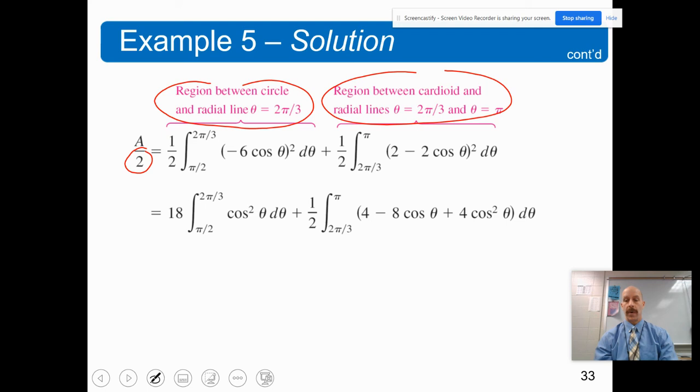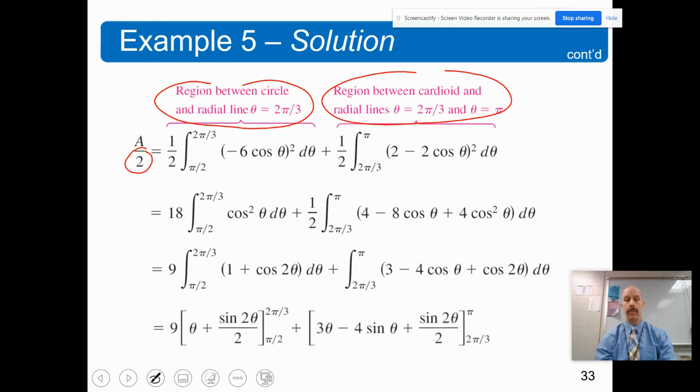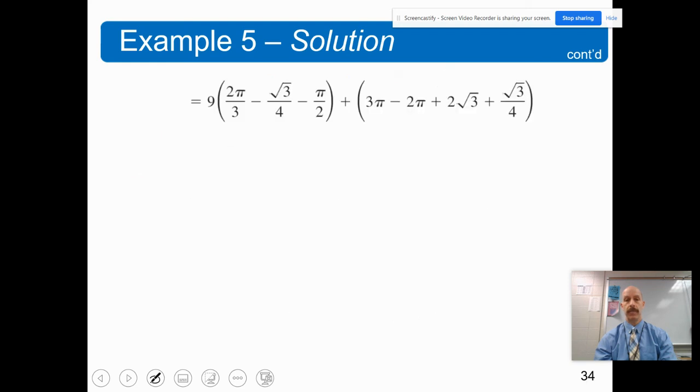We can go ahead and work these out. You'll notice that there's some simplification going on here. We're going to evaluate each of our antiderivatives. We get this hot mess of numbers.